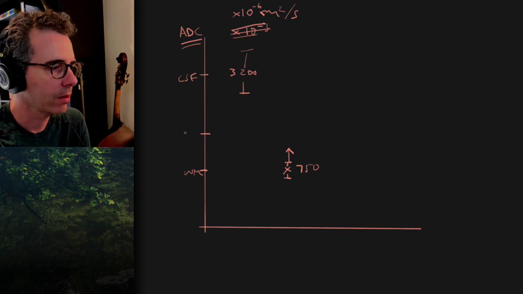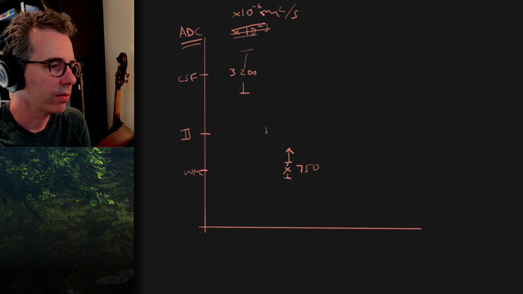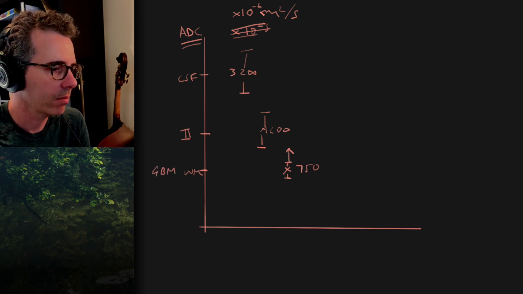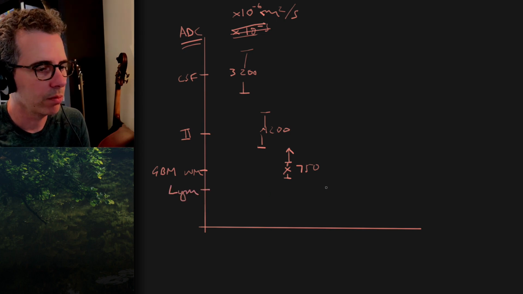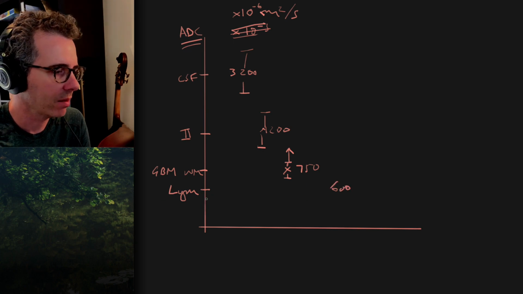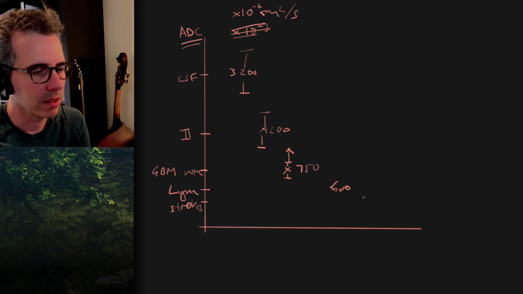Low-grade tumours, so a grade 2 astrocytoma, will be around 1,200. There's a lot of variability here. Glioblastoma will usually be back to normal white matter, and something like lymphoma will be lower than normal white matter, say 600. Stroke will be, depending on reperfusion and other factors, age, between 600 and 400, say.